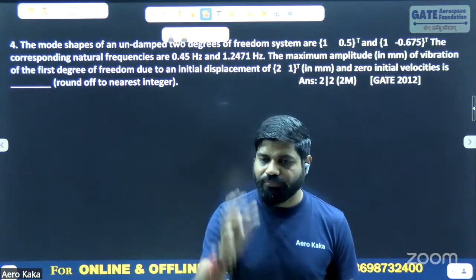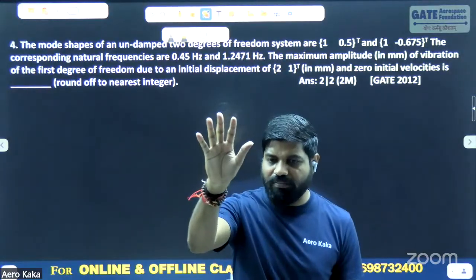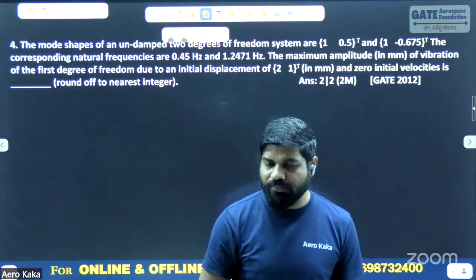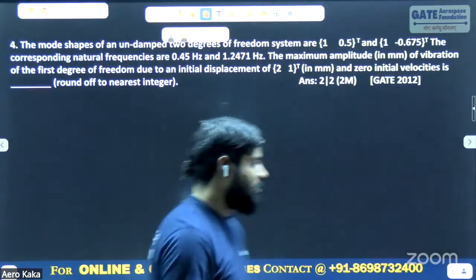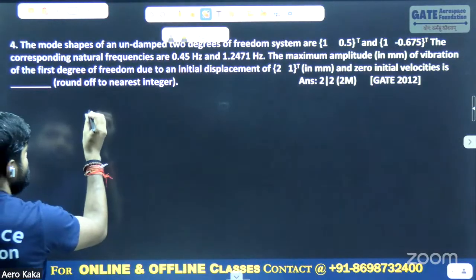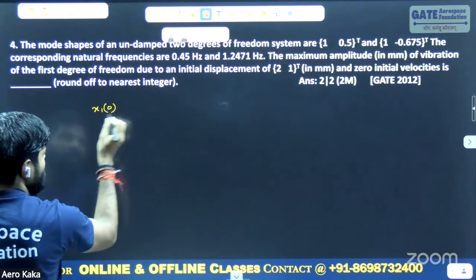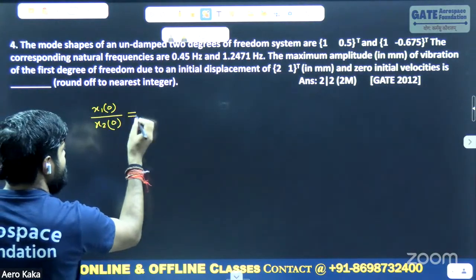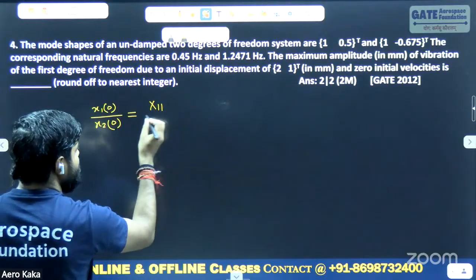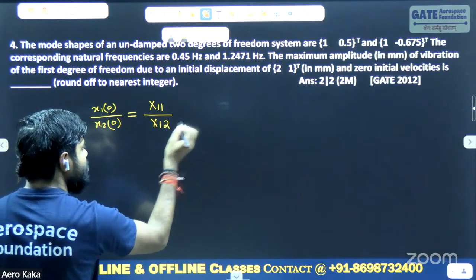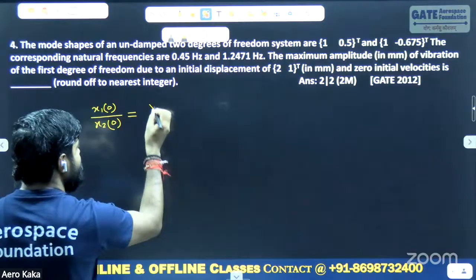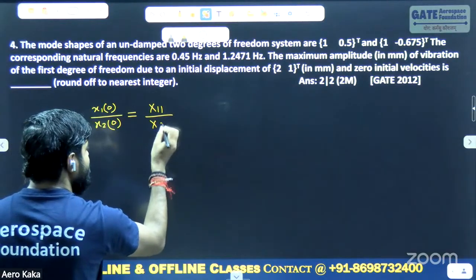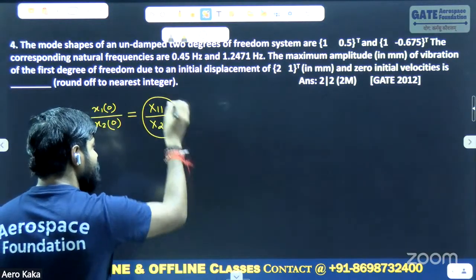First of all, it must have the initial velocity equal to 0. And let's say in these kinds of questions, as we have discussed, if the initial displacement ratio is equal to x11 divided by x21, what is this x11 upon x21?